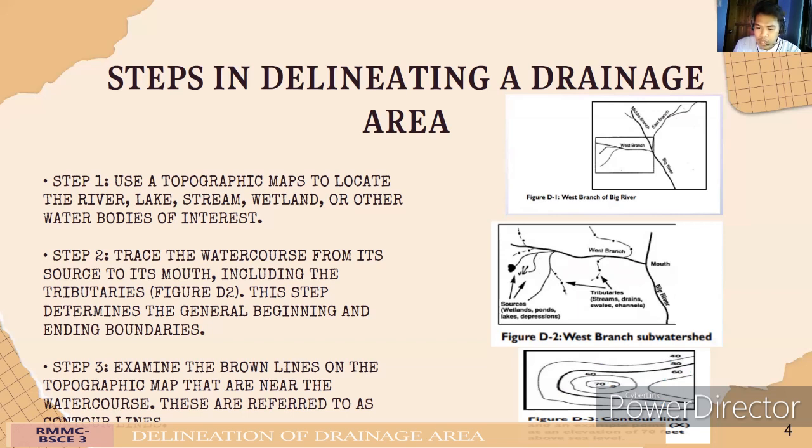For example, point X is at an elevation of 70 feet above sea level. With these contour lines we can determine whether it is a pond, a lake, a river, or any kinds of water body or mountains. So these are the contour lines.